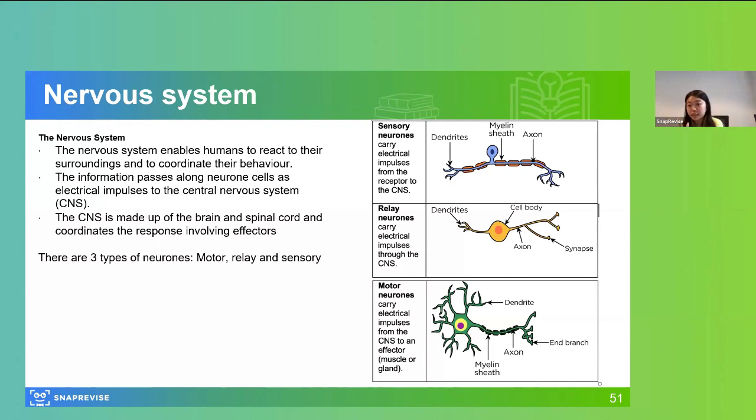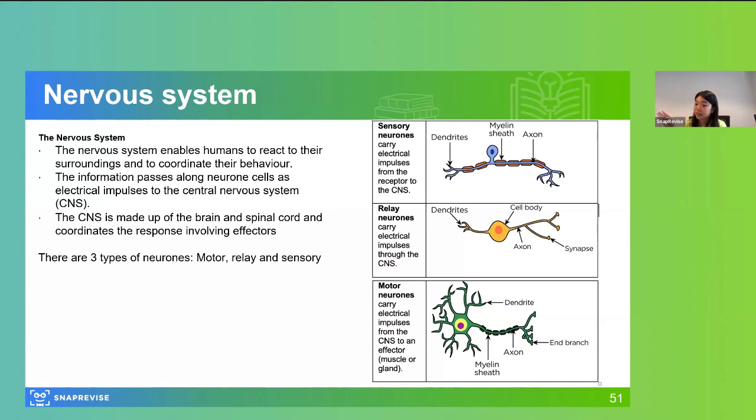Receptors detect the stimulus and carry the electrical impulses through the sensory neurons from the receptors to the CNS. This electrical impulse goes through the sensory neuron, then through the relay neuron in the CNS.